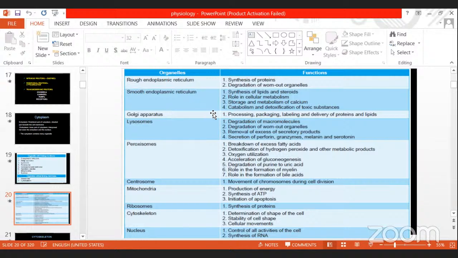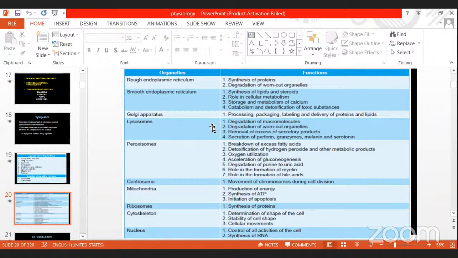Smooth endoplasmic reticulum helps in the synthesis of lipids and steroids. Also, it has a role in cellular metabolism, storage and metabolism of calcium, and catabolism and detoxification of toxic substances.